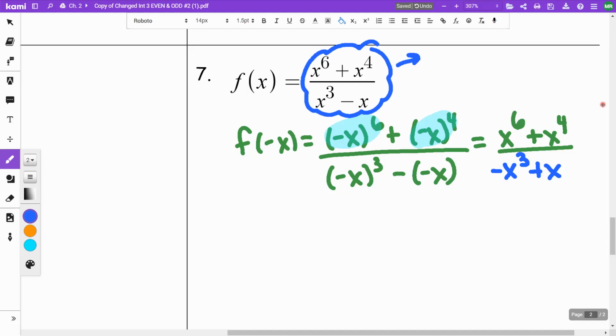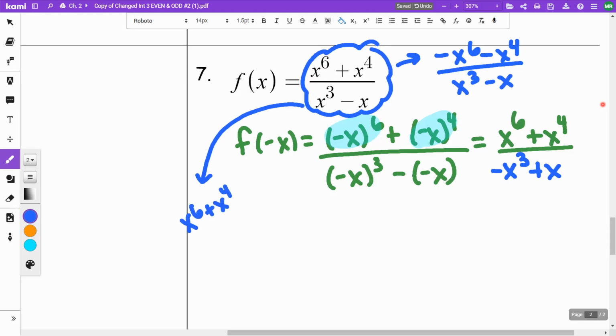If I was to make the numerator opposite, that would be this, which is not what I have. Or if I was going to make the denominator opposite, I'm only going to make one of them opposite. That would be a negative x cubed plus x. That's what I got. So this is going to be odd, because I end up with the opposite.